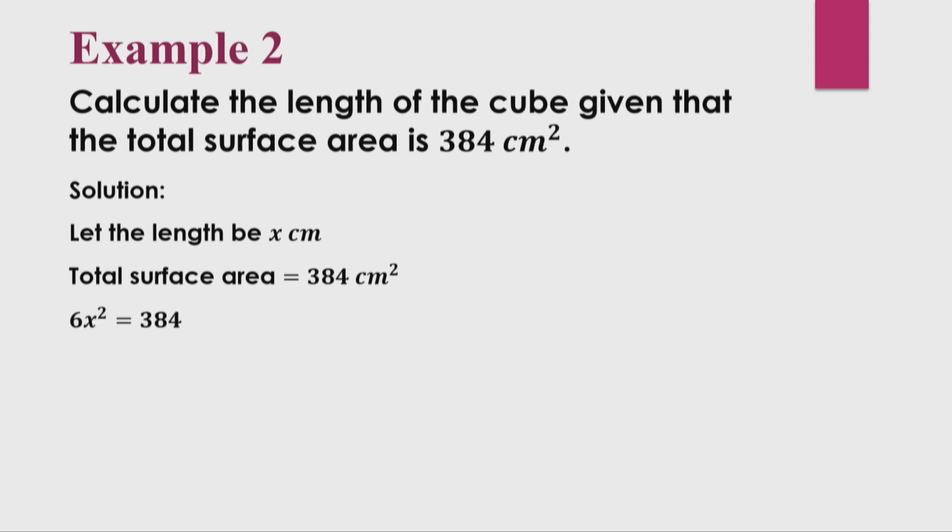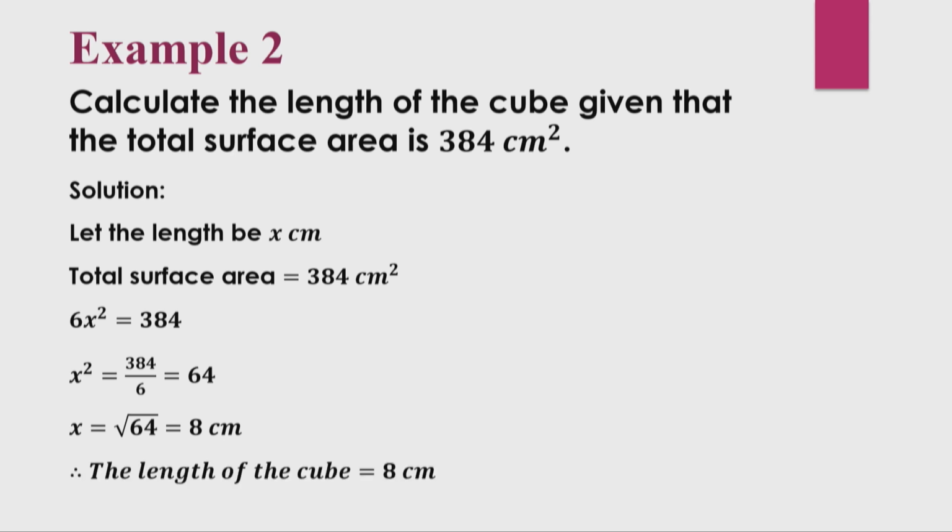Therefore, 6x squared is equal to 384. x squared is 384 divided by 6, which is equal to 64. x is equal to square root of 64, which is equal to 8 centimeters. Therefore, the length of the cube is equal to 8 centimeters.